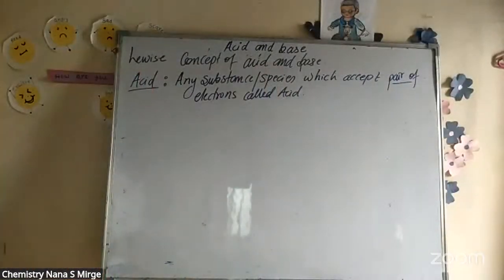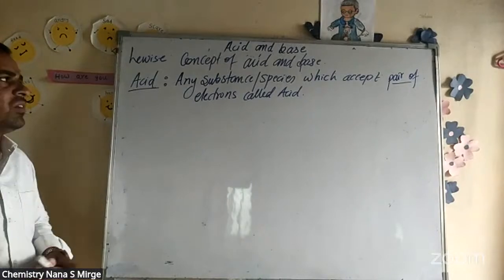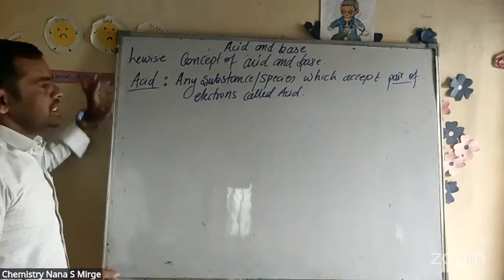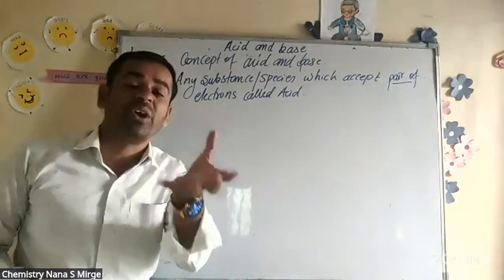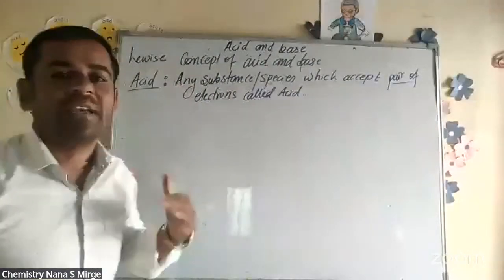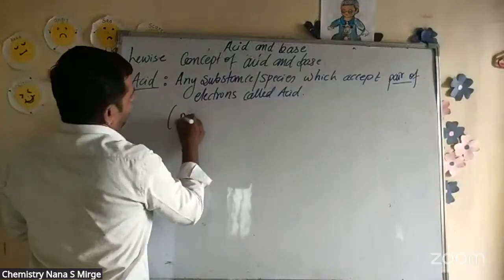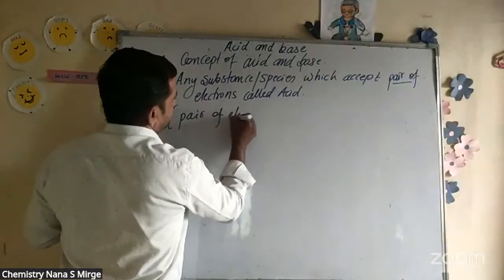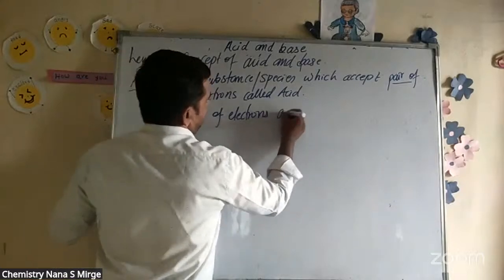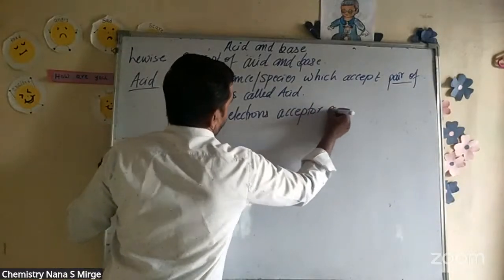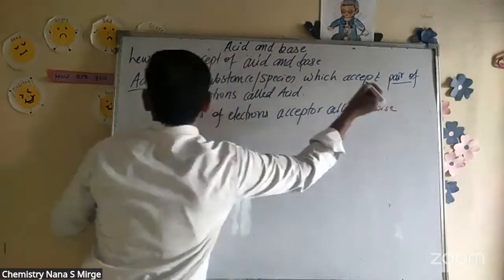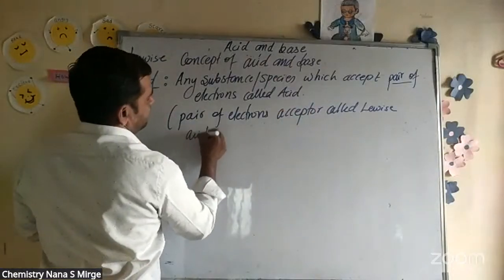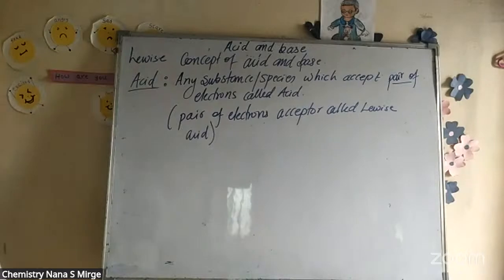Any species which can accept the pair of electrons, a pair of electron acceptor, is a Lewis acid. It gains the lone pair of electrons from another species. So you can write: a pair of electron acceptor is called Lewis acid.